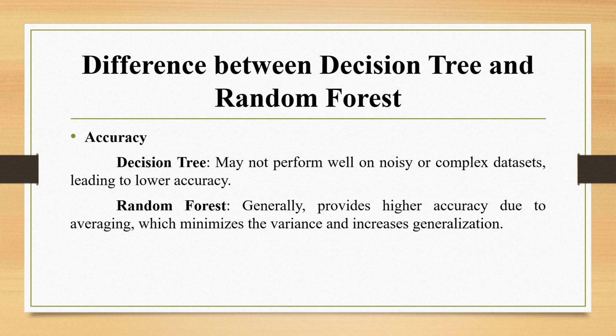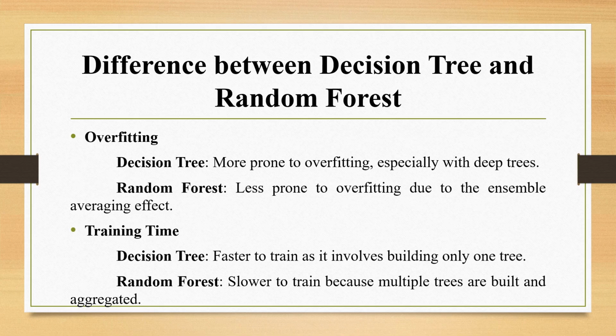Next is accuracy. A decision tree may not perform well on noisy or complex datasets, leading to lower accuracy. A random forest generally provides higher accuracy due to averaging, which minimizes variance and increases generalization. Next is overfitting. A decision tree is more prone to overfitting, especially with deep trees.